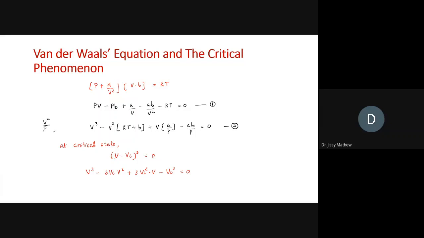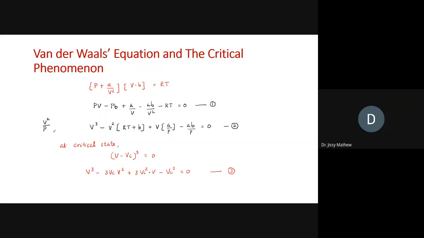This is a cubic equation, let this be equation 3. Comparing this with equation 2, when the gas is at the critical state, we can replace T by Tc and P by Pc.